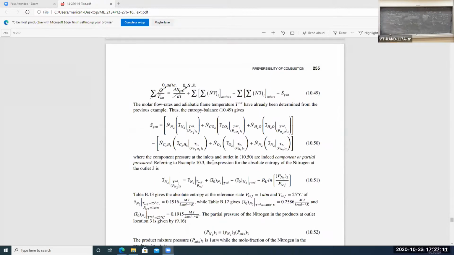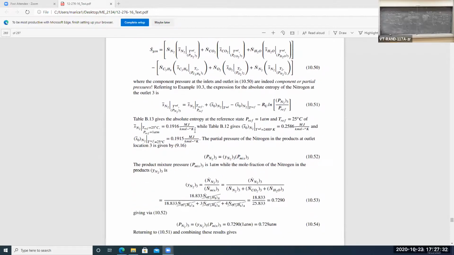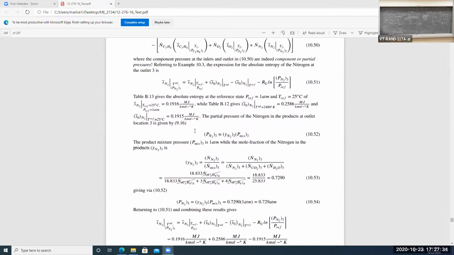Okay, we already know that. So you're going to have entropy generation equal to a bunch of differences between the outlet and the inlet specific entropy. The outlet specific entropy is going to be evaluated at the adiabatic flame temperature, and the inlet specific entropy is going to be evaluated at the inlet temperature. Okay. Now, one little thing here.